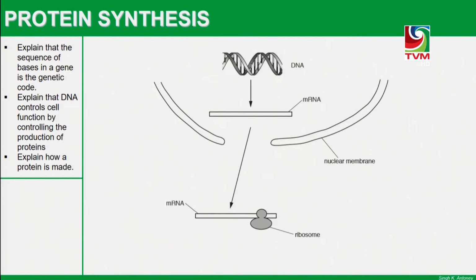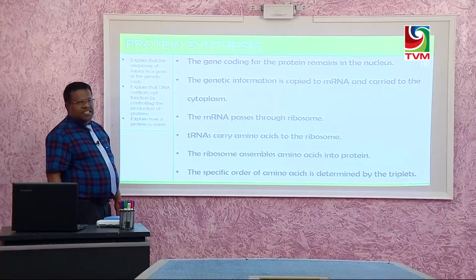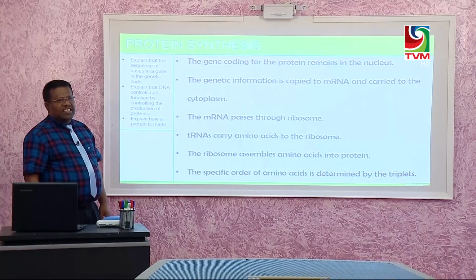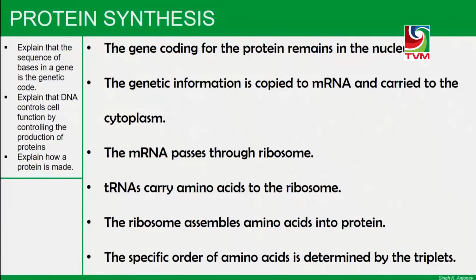And these are the steps the syllabus is asking you to write in your answer when they are asking for protein synthesis. The gene that is coding for protein remains in the nucleus. It will not come out. The gene will remain within the nucleus of the cell.